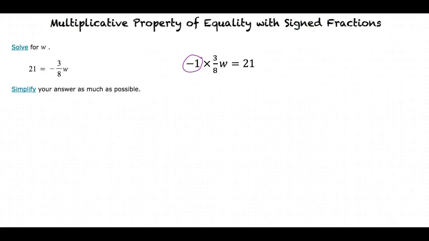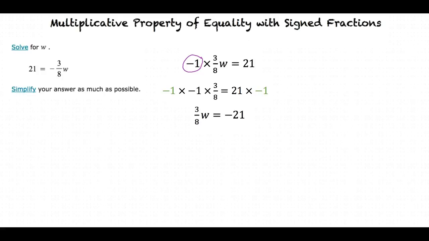In order to get this away from the w, we have to multiply both sides by -1. So now our expression reads -1 times -1 times 3 over 8 times w is equal to 21 times -1. This simplifies down to 3 over 8 times w is equal to -21.